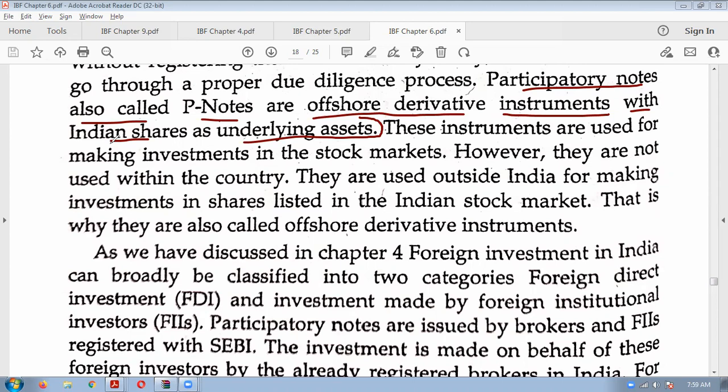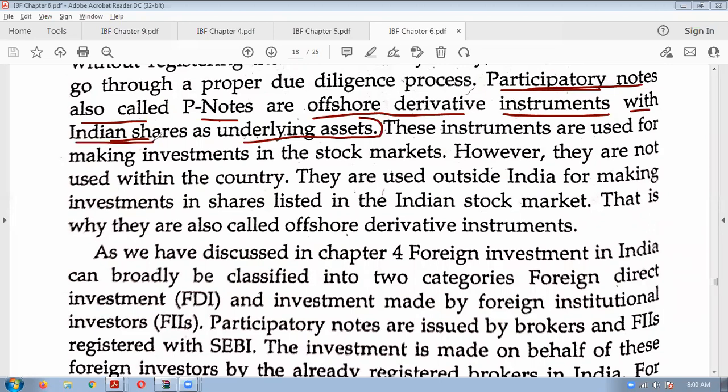That's why it is a derivative instrument. We know derivatives are instruments which do not have their own value, but derive their value from some underlying assets. So this P note is a derivative instrument because it derives its value from the Indian shares.